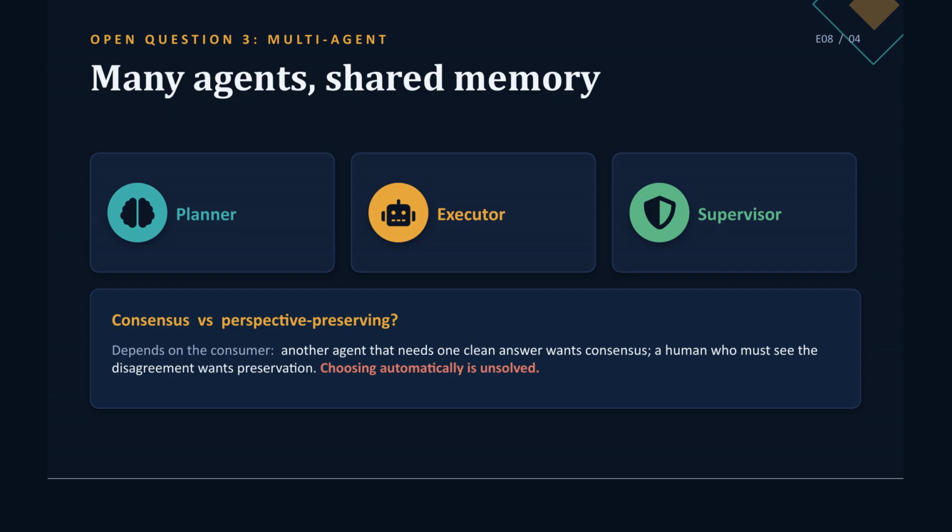So the deep question is representation. Do you drive the agents toward a single consensus view, or preserve each perspective side by side? The honest answer depends on who is reading. Another agent that needs one clean answer wants consensus, a human who needs to see the disagreement wants preservation. Making that choice automatically is unsolved.